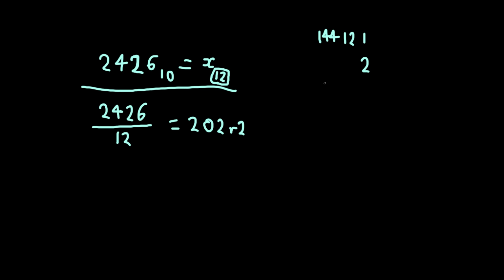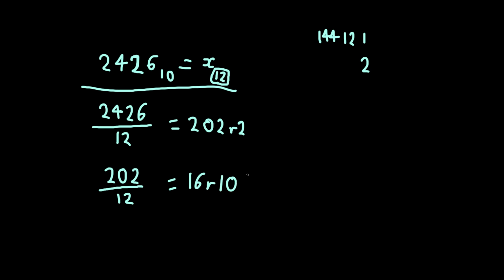Now, let's continue. What's our next number to iterate through? It's 202. So we get 202 over 12. The answer is 16, remainder 10.